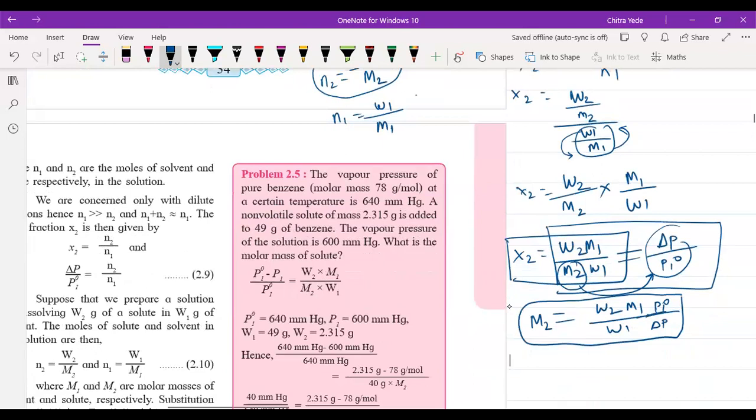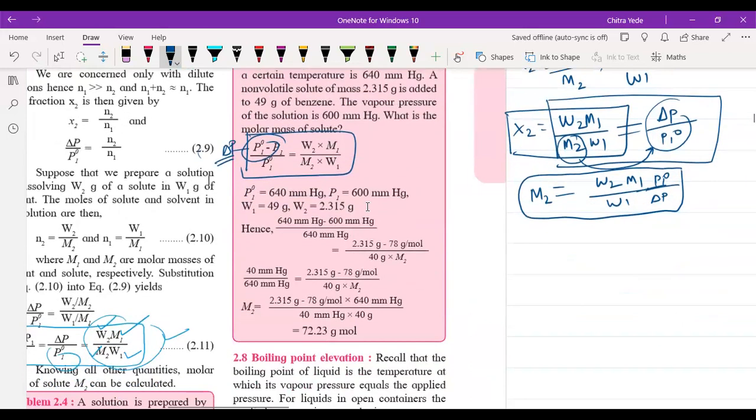Here we have the formula. Where M2 is the molar mass of the non-volatile solute.